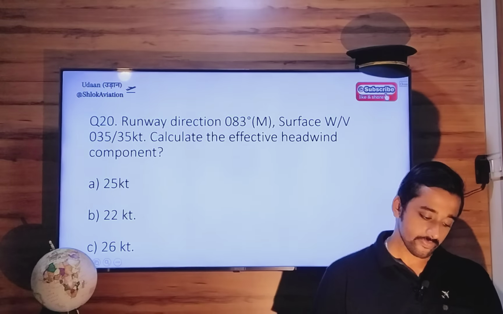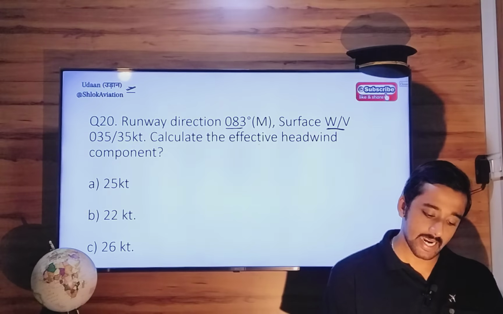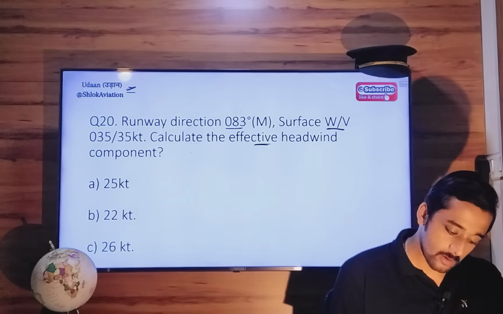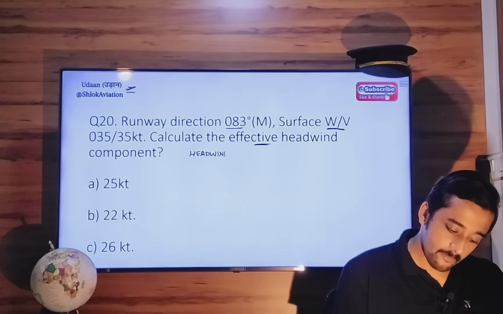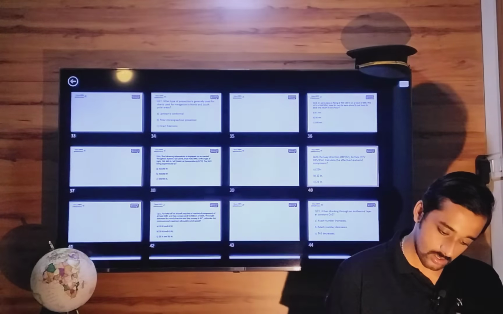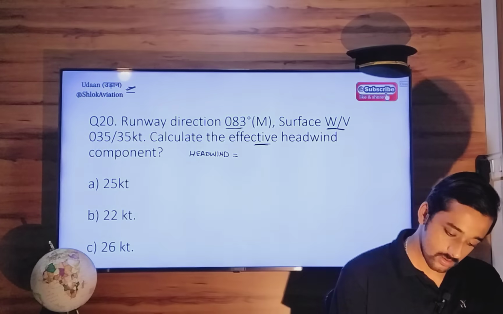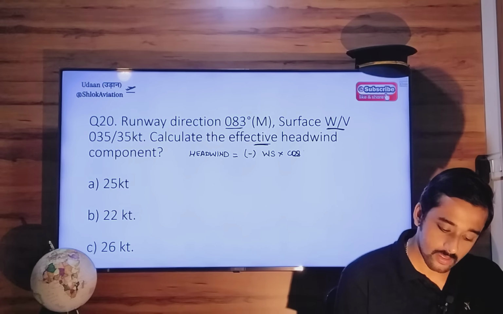Question 20. Simple. Runway direction is given. Winds are given. What is the headwind component? Now the formula for headwind component is minus wind speed into cos theta.